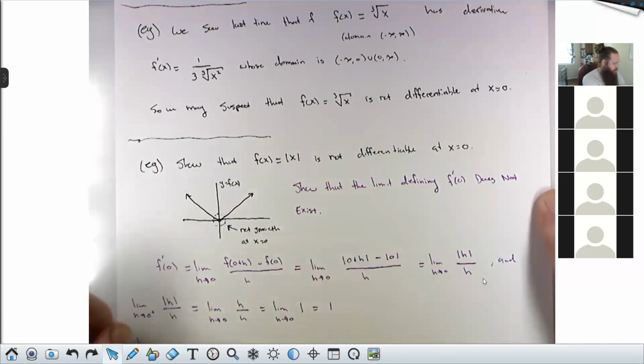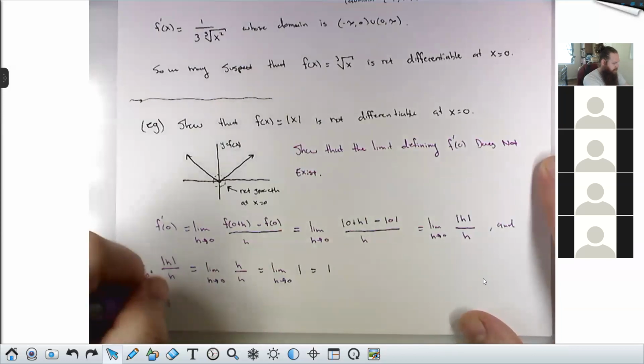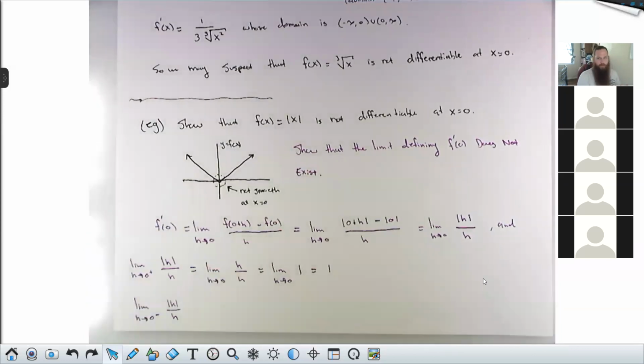On the other hand, the limit as h goes to 0 from the left of absolute value h over h. Here we're imagining that we plug in very, very small negative numbers that are just to the left of 0. So the minus h over h. Right, exactly. The absolute value of a negative number is the negative of that negative number. That's how the absolute value function works.